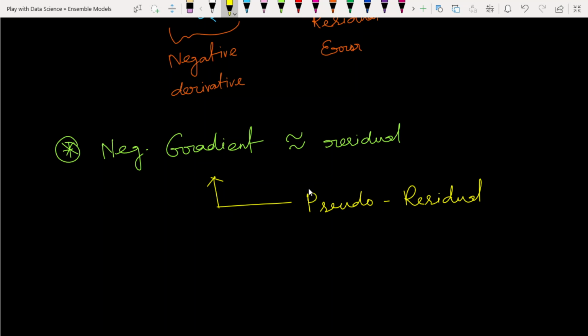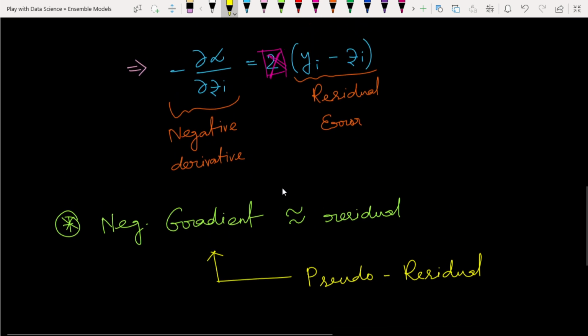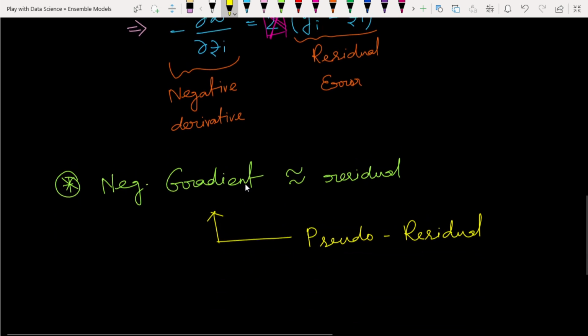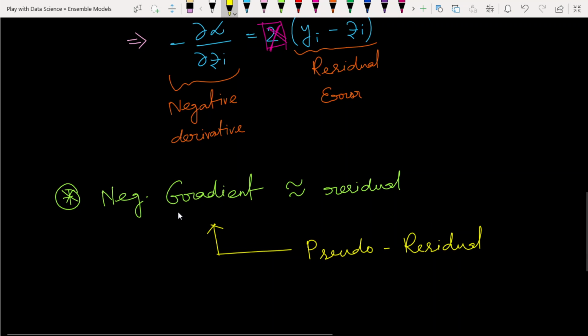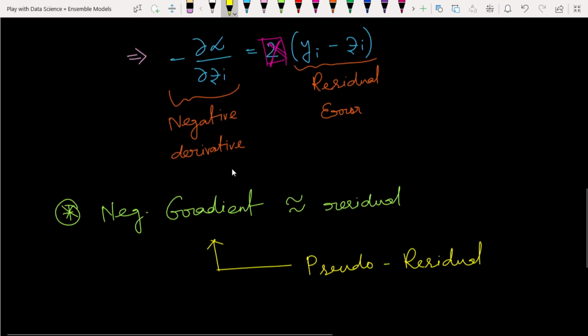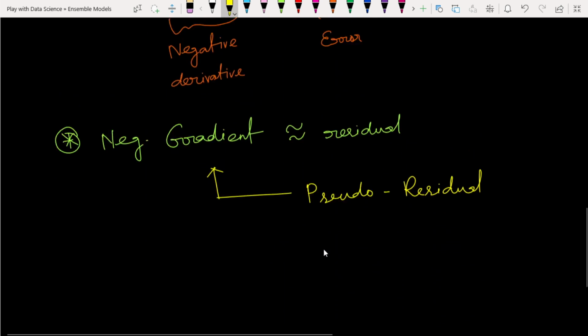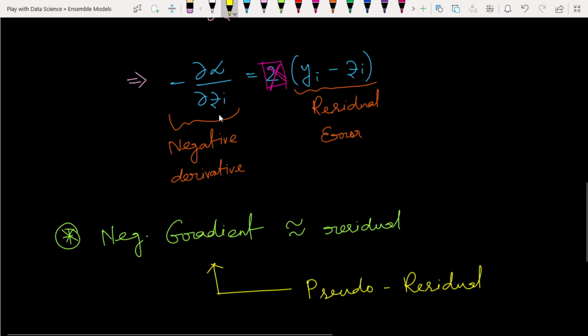Why is this called a pseudo residual? Because in the negative gradient, these things are actually the error, and here we are using the negative sign of the gradient. Pseudo residual means a false residual. False means this is not the actual one, because you have taken the negative sense.